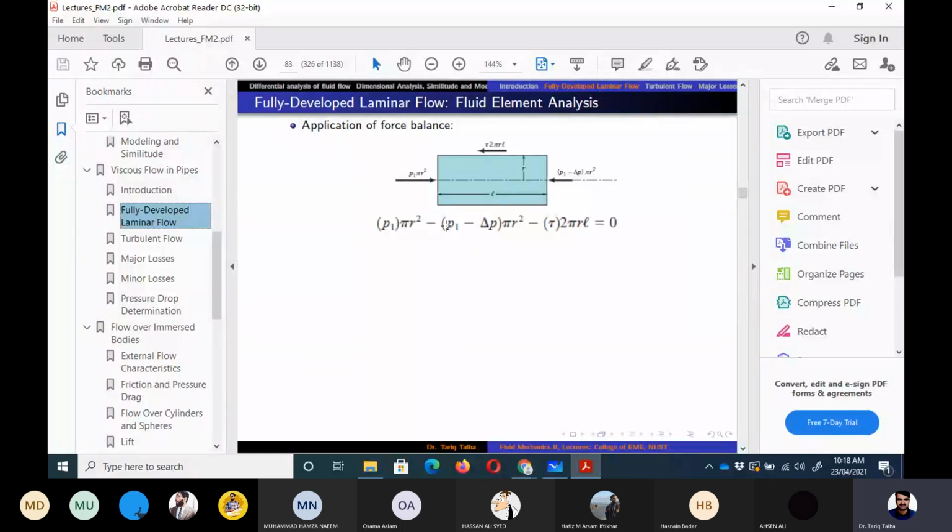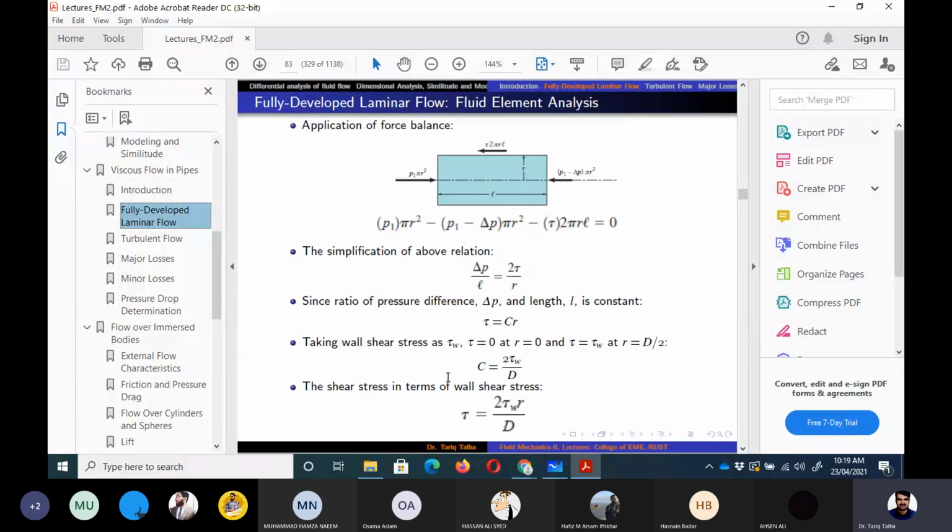As we did the force balance in the last class, we came up with the relation delta P upon L is equal to 2 tau upon R. This is the relation between pressure drop, delta P, and the shear stress acting on a fluid element.